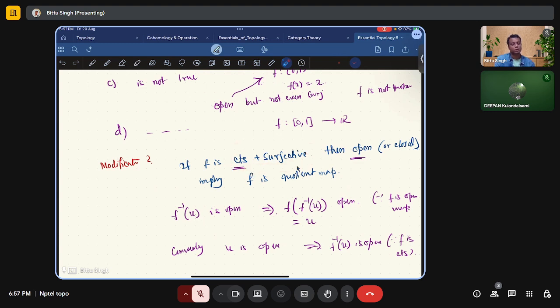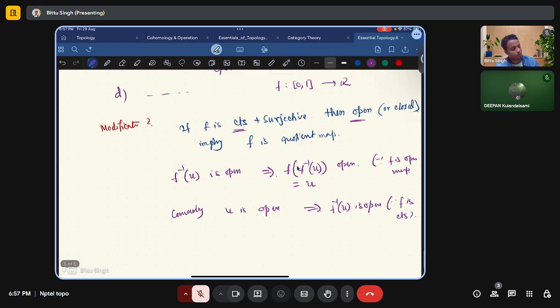So open implies quotient. Therefore F is a quotient map, because we have proved that F inverse of U is open if and only if U is open.